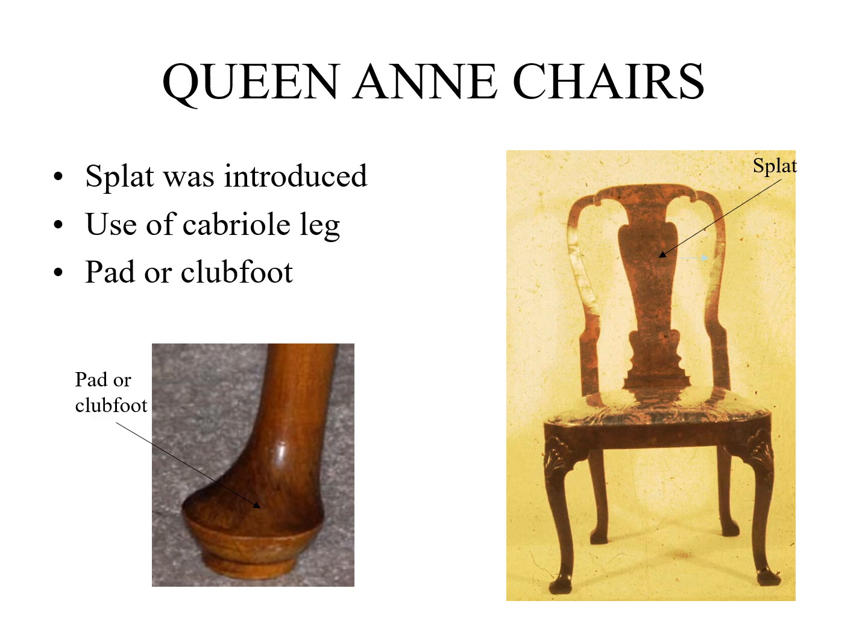The frame of the seat of the chair was curved on the sides and front, and the legs were designed in a cabriole fashion, having a conventionalized knee and ankle form and coming down to a pad or clubfoot.